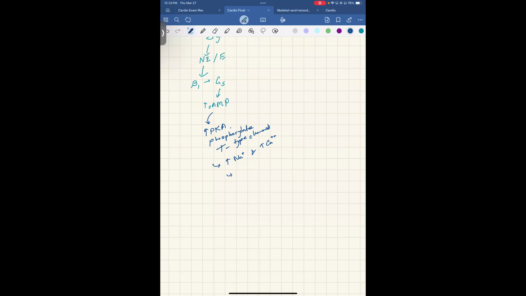Which does what? Basically allows the cells to depolarize much easier, much faster. So that would increase the frequency of action potentials.